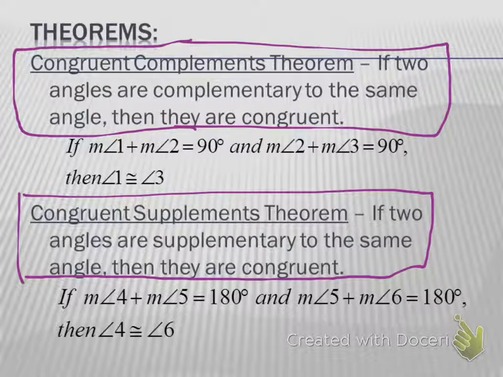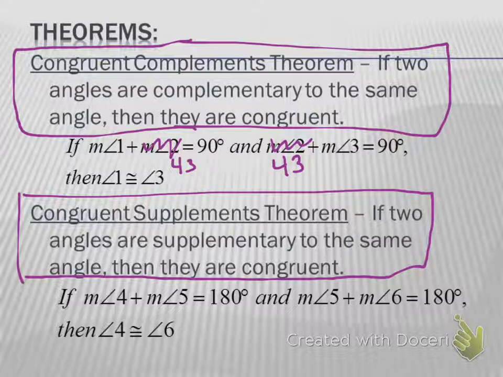Now, that sounds like a lot. Someone give me a measure between 0 and 90. Throw something out. 43. Okay, so if angle 2 is 43, and the measure of angle 2 is also 43, what do 1 and 3 both have to be?